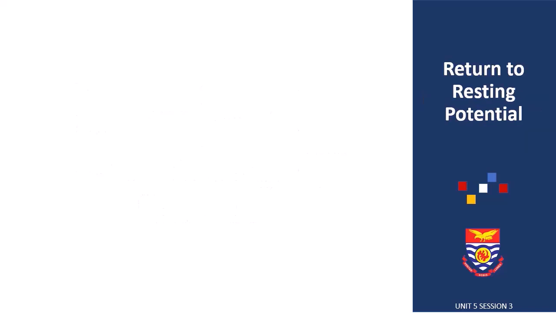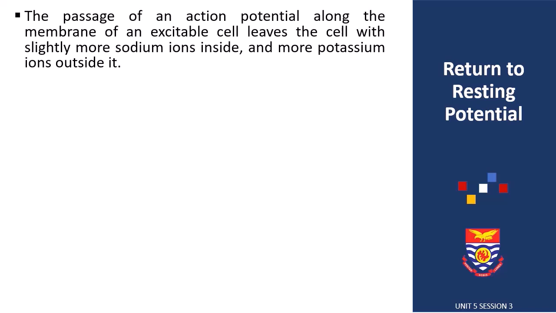The third stage of the action potential is the return to resting potential. This is where the resting potential of the membrane is restored. When an action potential passes along the membrane of an excitable cell, such as a nerve cell, it leaves the cell with slightly more sodium ions inside, whereas there are more potassium ions outside the cell.